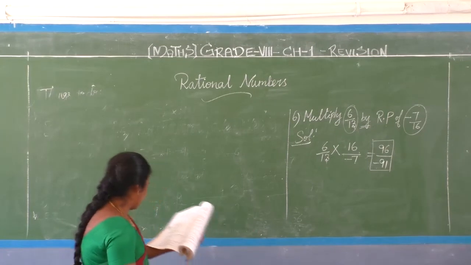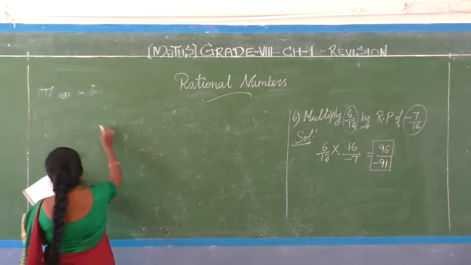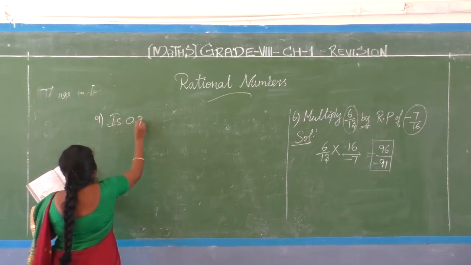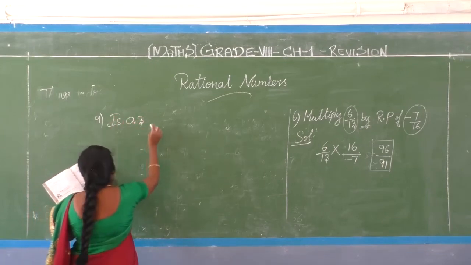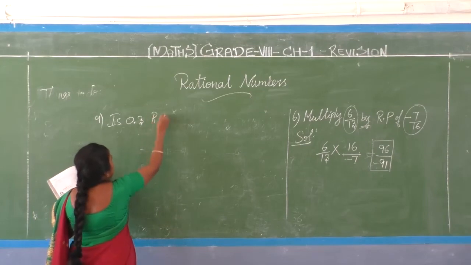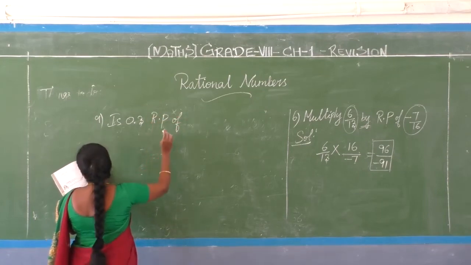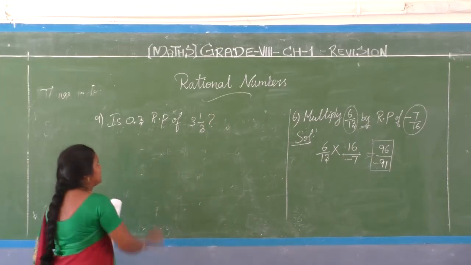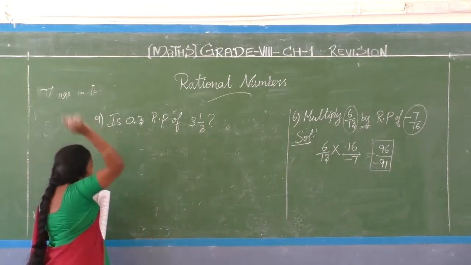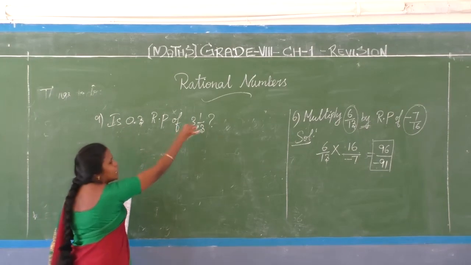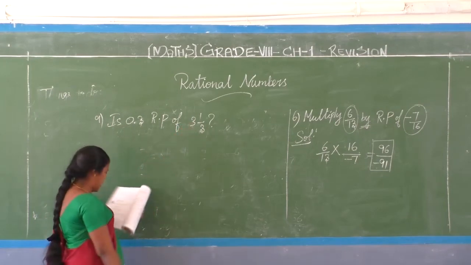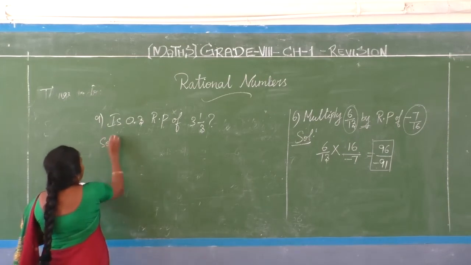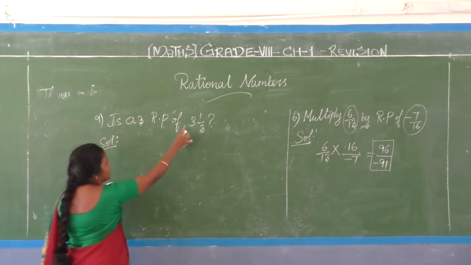One more question: is 0.3 the multiplicative inverse, nothing but the reciprocal, of 3 1 by 3? What they are asking is whether 0.3 is the reciprocal of 3 1 by 3. Why or why not? We have to work it out.